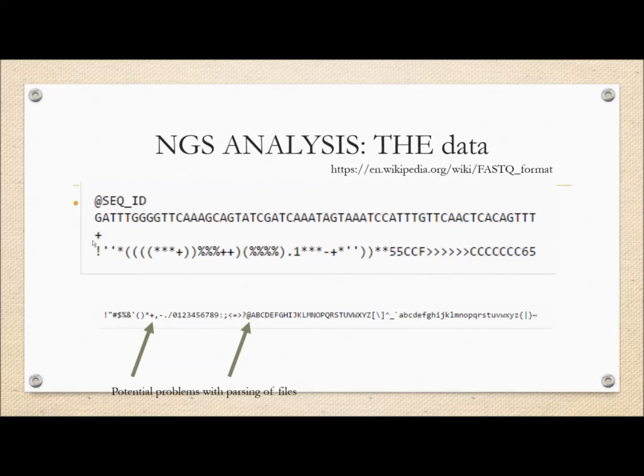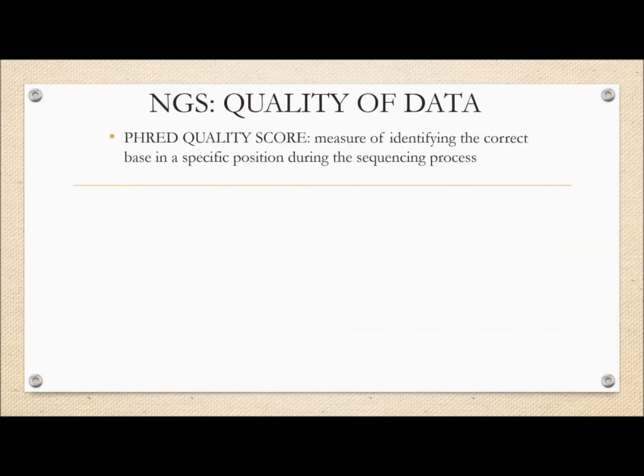So there is a potential for an error. A smart programmer can identify this and make sure that they can parse it. You can say, okay, I know the difference between when I'm going to create a sequence ID versus when I'm going to create a confidence score. There is potential for errors.